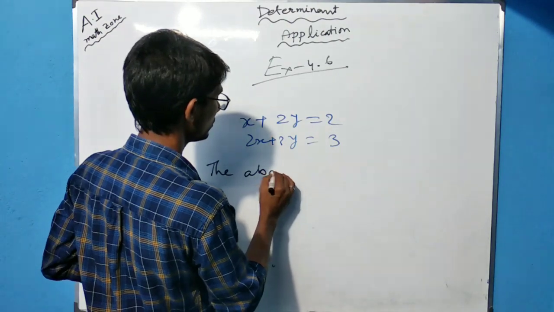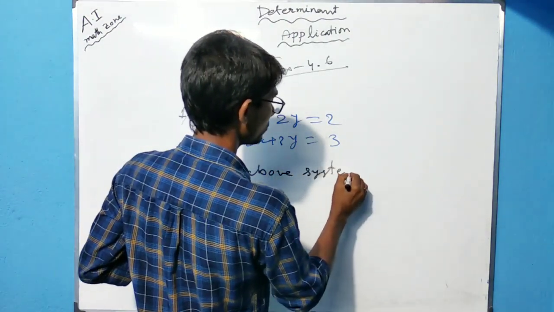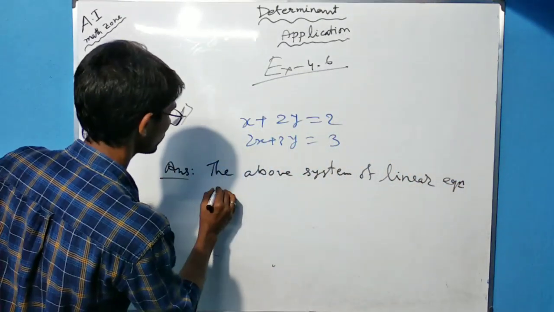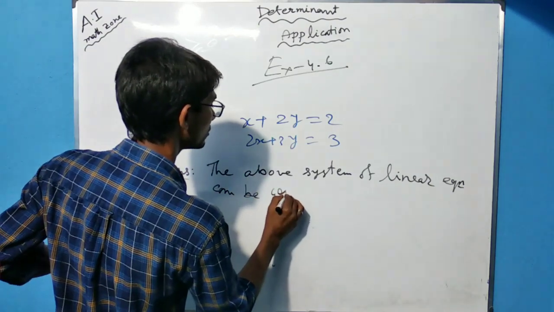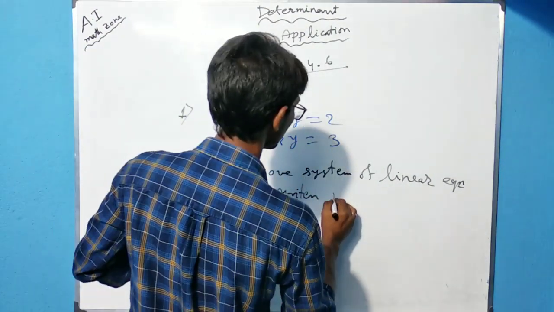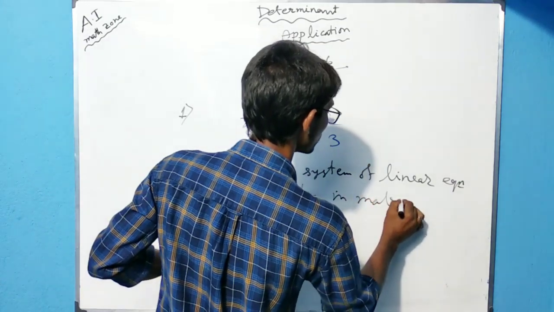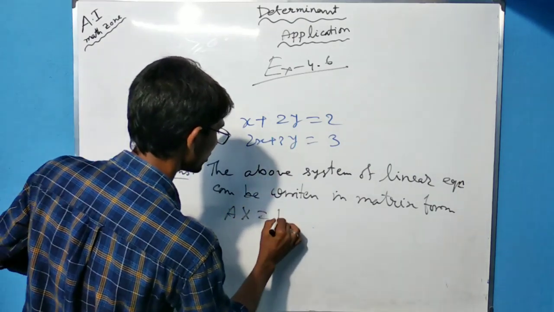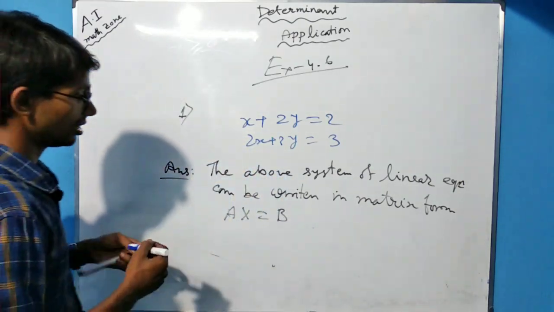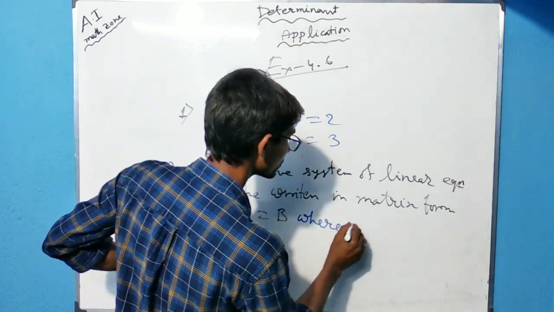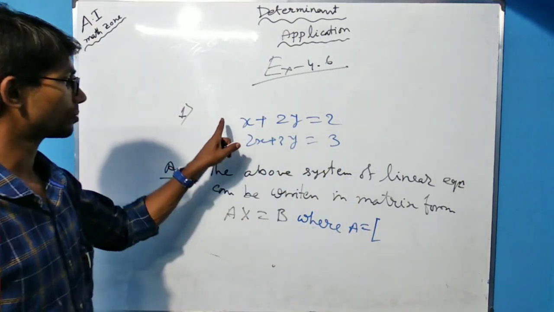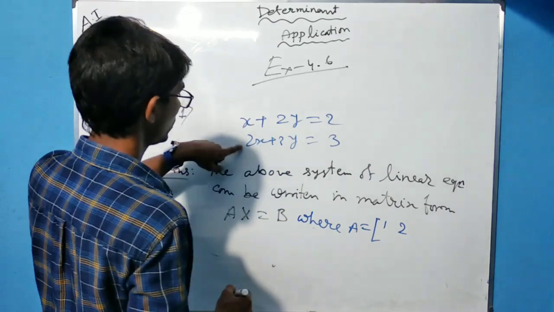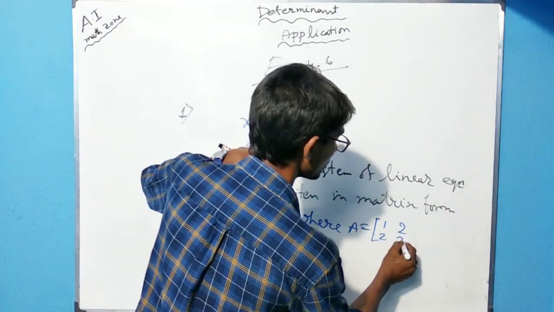The above system of linear equations can be written in matrix form Ax equals B, where A is equal to the coefficient matrix. What is the coefficient of x? 1. What is the coefficient of y here? 2. This one is 2. This one is 3.